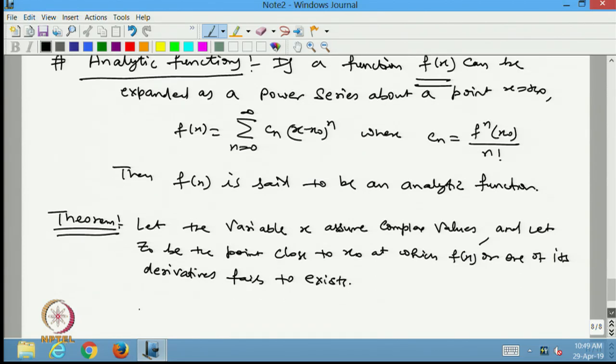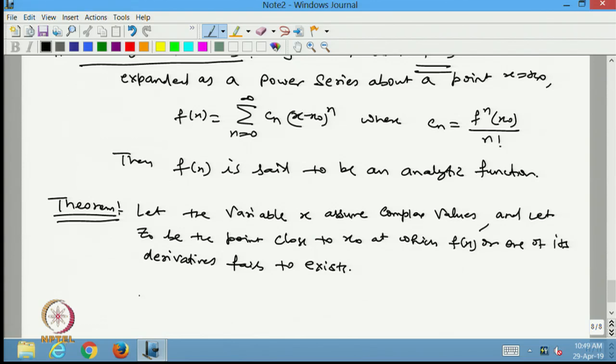Then what do you do? You just compute the distance r in the complex plane, the distance between the complex number z naught and x naught.